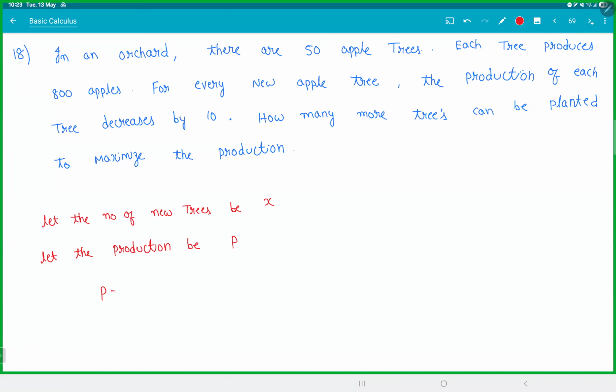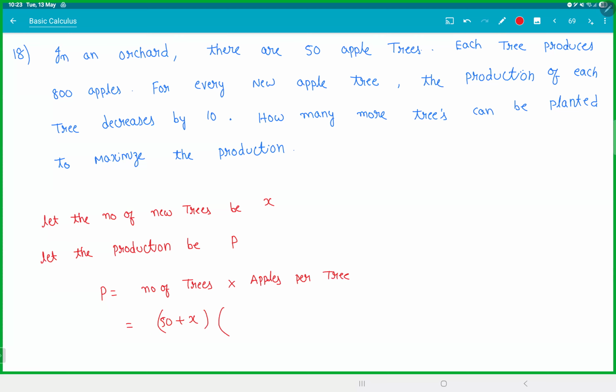What is the production P? P is the total number of trees into apples per tree. So if you have planted X trees, how many trees are there? Initially you have 50 plus X. So you have 50 plus X trees.